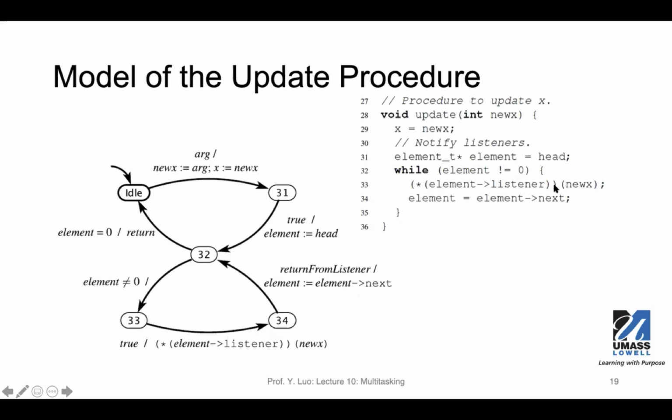It may take a certain amount of time. So it transitions from 32 to 34 to 32 only after this element listener finishes. Okay, so this is an interesting state machine that we can use to capture the execution of this procedure.